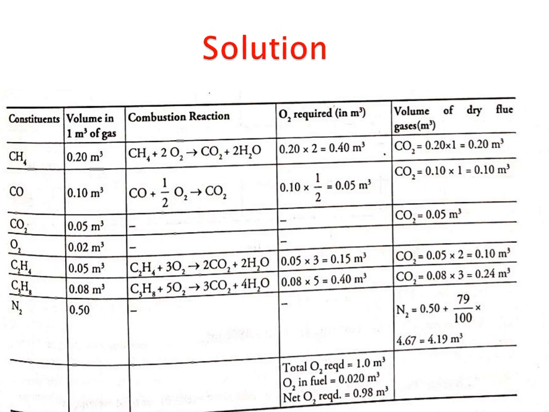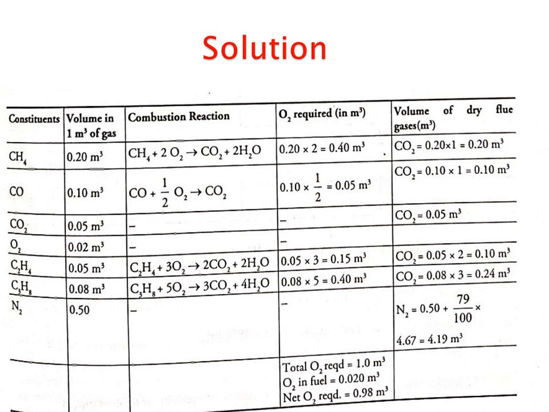Ethene burns to give 2 volumes of carbon dioxide. So 0.05 into 2, that is 0.10 meter cube of carbon dioxide is produced. Propane burns to give 3 volumes of carbon dioxide. So 0.08 into 3, that is 0.24 meter cube of carbon dioxide is produced. So from this we can calculate the total carbon dioxide which is produced from combustion.